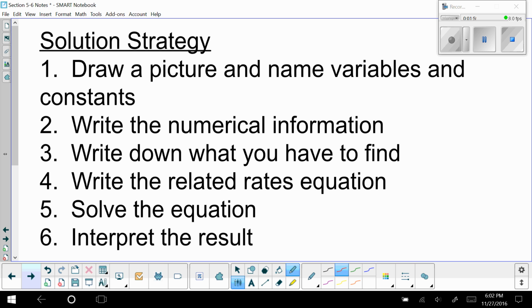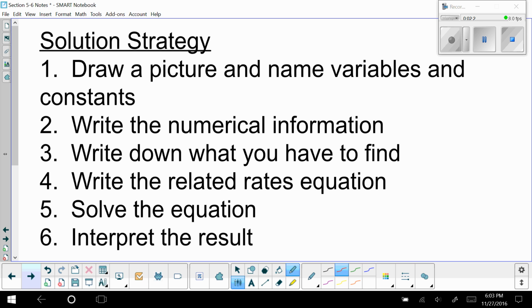And then off to the side, make a list of the values of those variables at the moment in time you're being asked about. And then it helps to actually write down what you are trying to find, because you are going to see there's lots of information in these. Once you do, you just need to write an equation. And in some ways, this is easier, in some ways tougher than optimization.